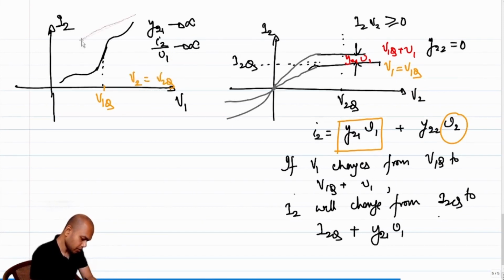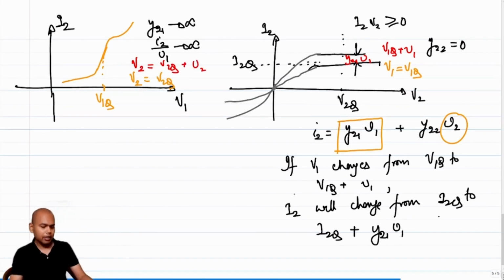Let me also mark this. Let's say this curve is like this, and we change V2 from V2Q plus an incremental v2.